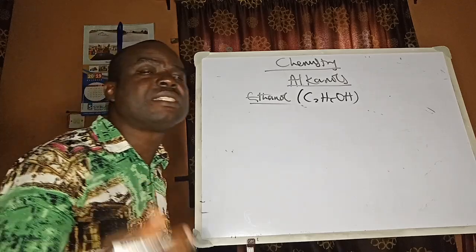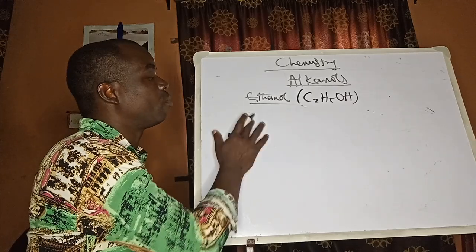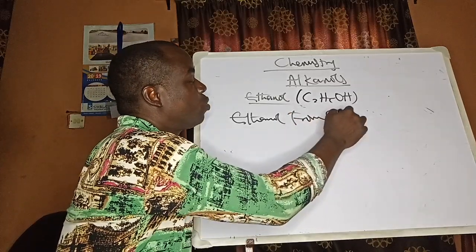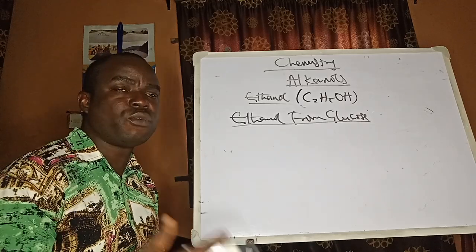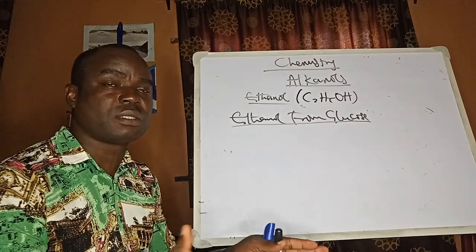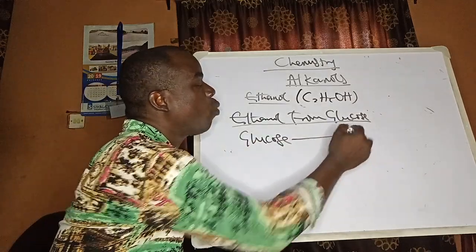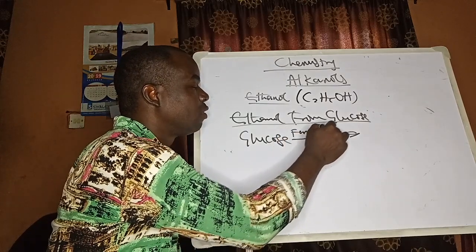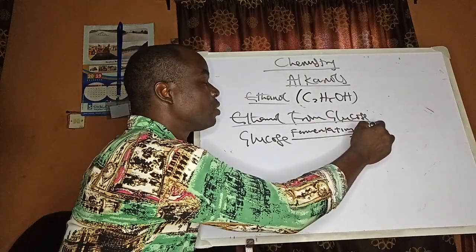So number one, how do we get ethanol from glucose? Let's discuss. I'm going to be very concise about it so that we can make this video short. If you have glucose undergo what we call fermentation, it forms ethanol.